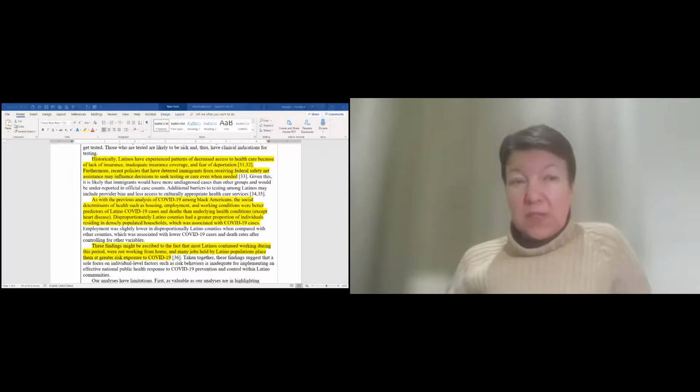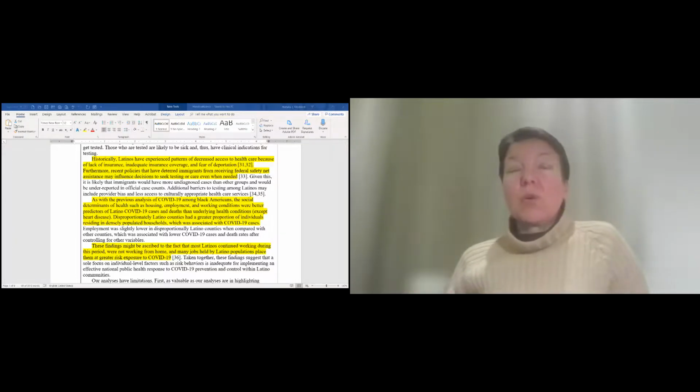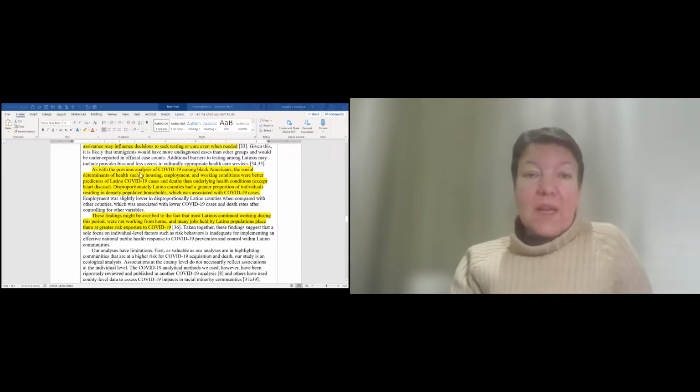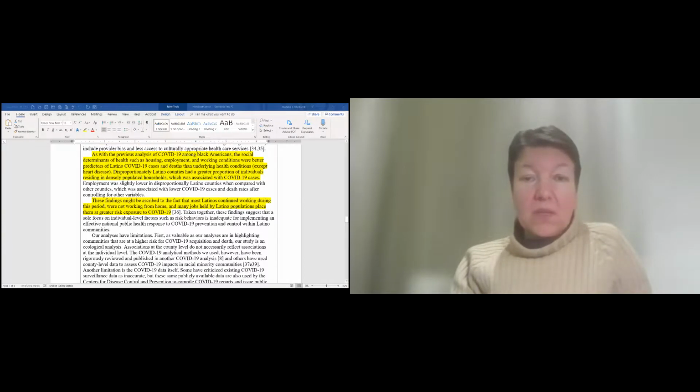So a person is feeling unwell but doesn't go to the doctor because they're afraid that there will be social consequences for them. So as with previous analysis among Black Americans, social determinants of health such as housing, employment, working conditions were better predictors of Latino cases and deaths than underlying health conditions, except heart disease.